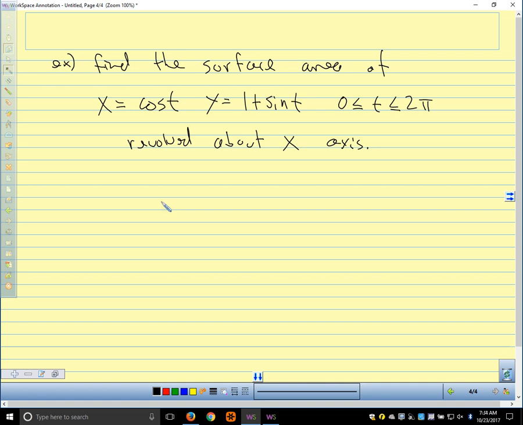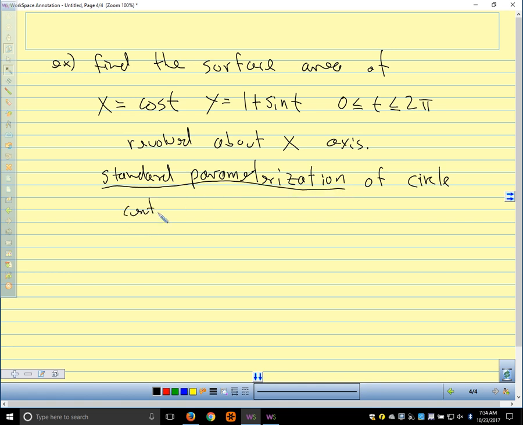What's that? I was just eliminating the parameter so we could have an idea of what this is. We don't need to do that to solve the problem. This is the standard parameterization of a circle with center 0, 1 and radius 1.